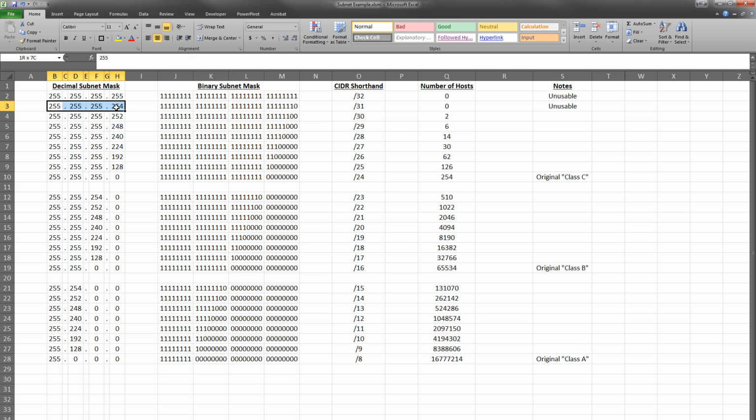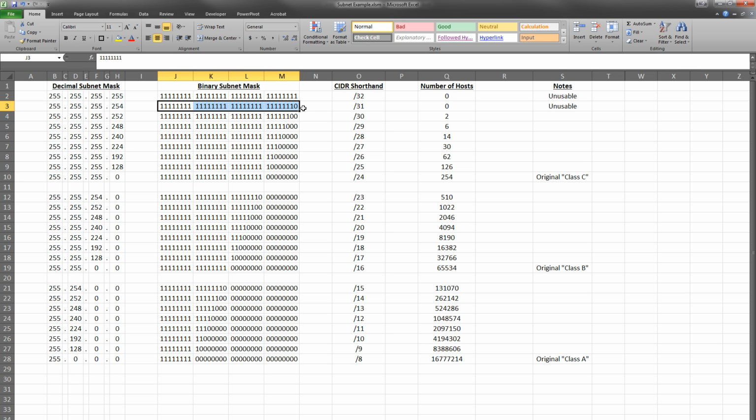The next one down is all ones except for the last value, which is 0. That's the shorthand of /31, because there are 31 ones in the subnet mask, or 255.255.255.254.